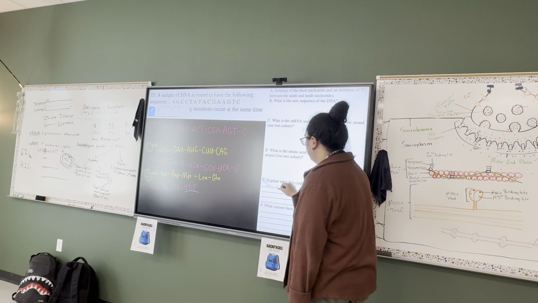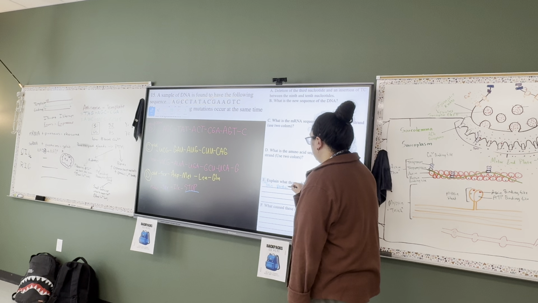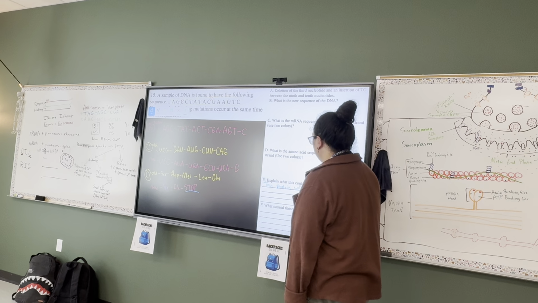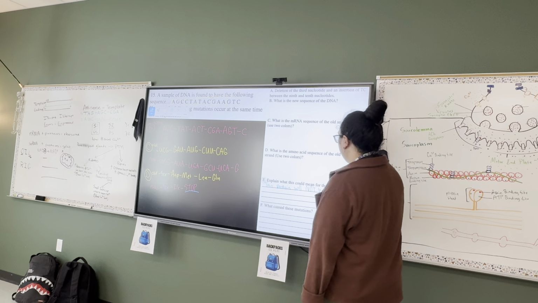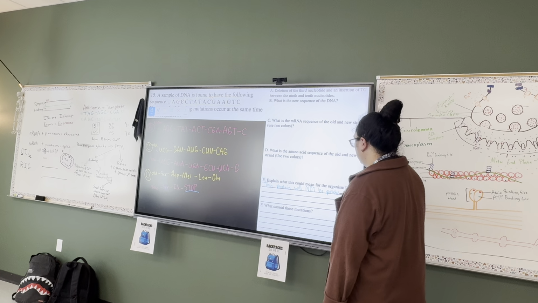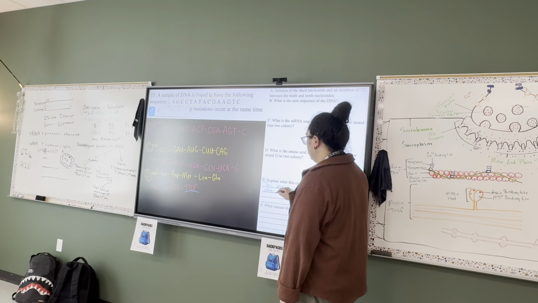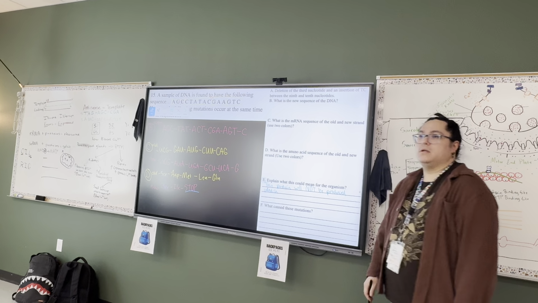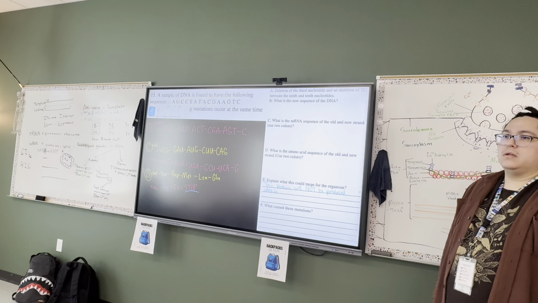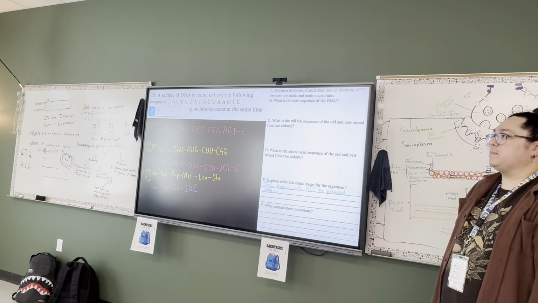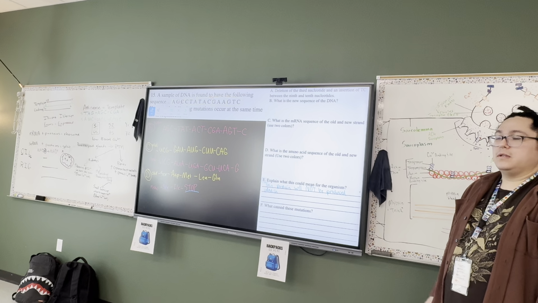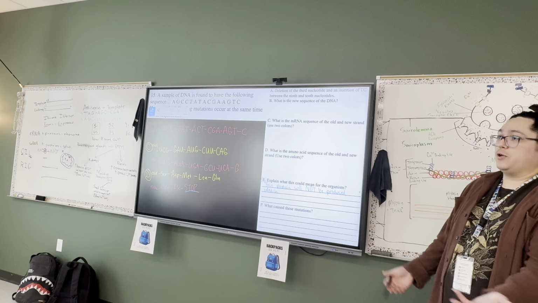This protein will not be produced, which could mean what? Well, it's already a mutation, but what could this mean for the organism? This protein that we're producing, for example, could be hemoglobin.